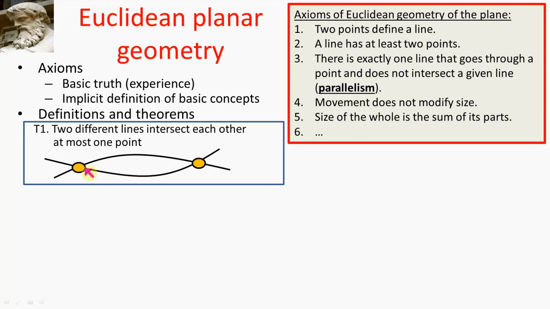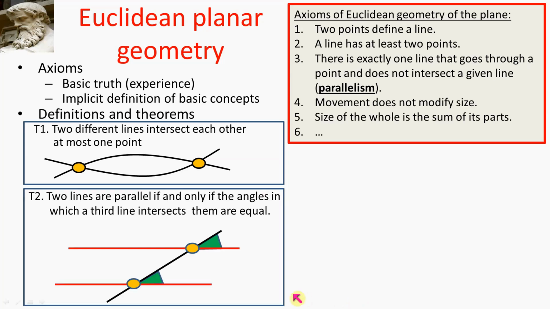So let us assume that we have two lines that intersect each other at least 2 points. However, according to the first axiom, 2 points define a line unambiguously. So these two original lines cannot be different, which is just a contradiction concerning our indirect assumption. So the original formulation of the theorem is valid.